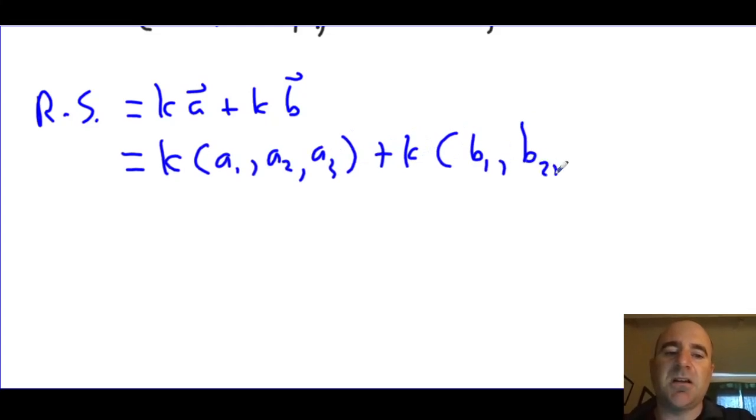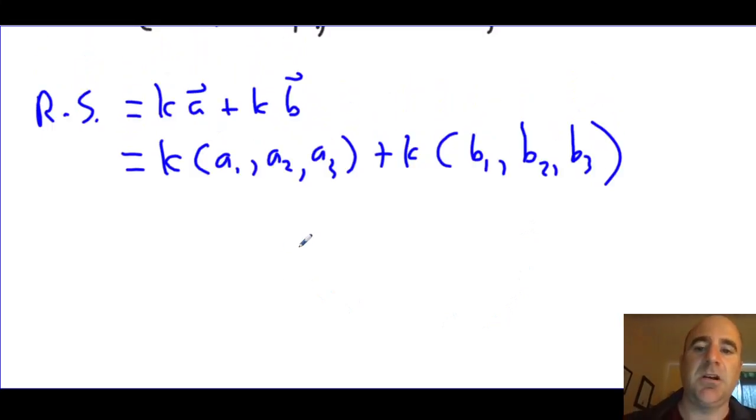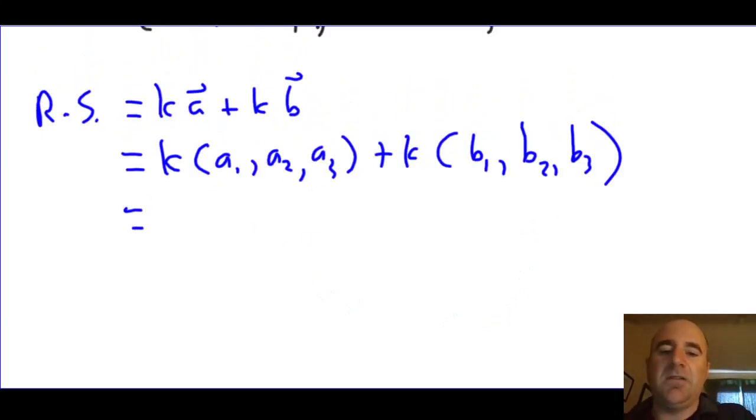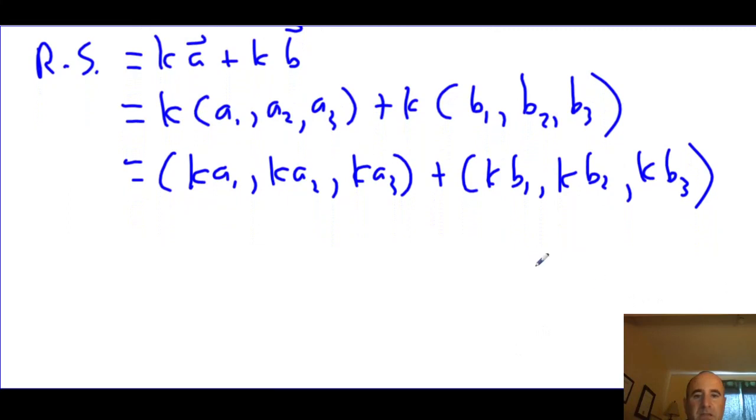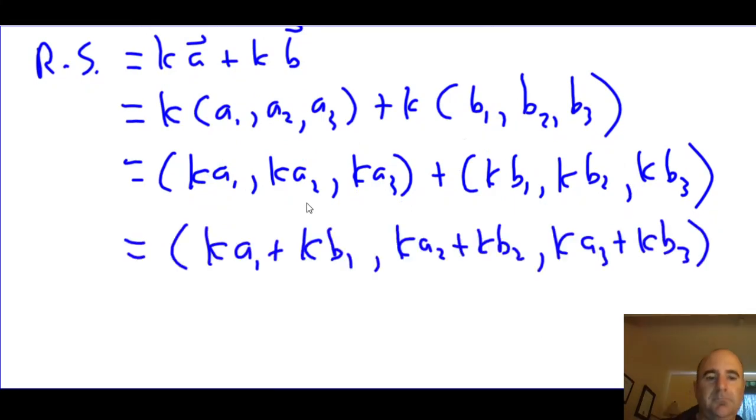Once you get this set up, I think the proof kind of does itself, to be honest. We're just going to multiply vector a by k and vector b by k. So we multiply each vector number by k for both vectors. And then finally, we're ready to add those, and we just add components. These are two vectors now. Vector addition is next. And there you have it, our final simplified vector.